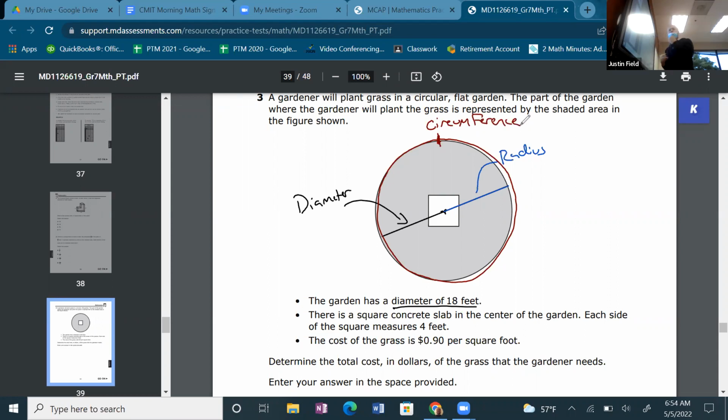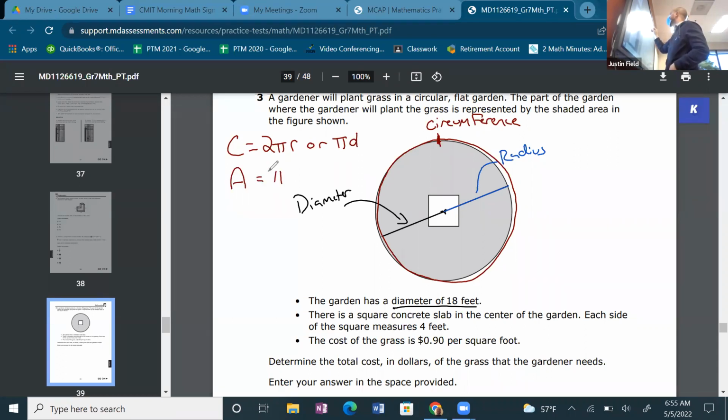All right, and there are two circle formulas that you need to have up here. You can't Google them. The circumference formula is 2 pi r, or you can say pi times the diameter. And then the second formula is the area formula: pi r squared.